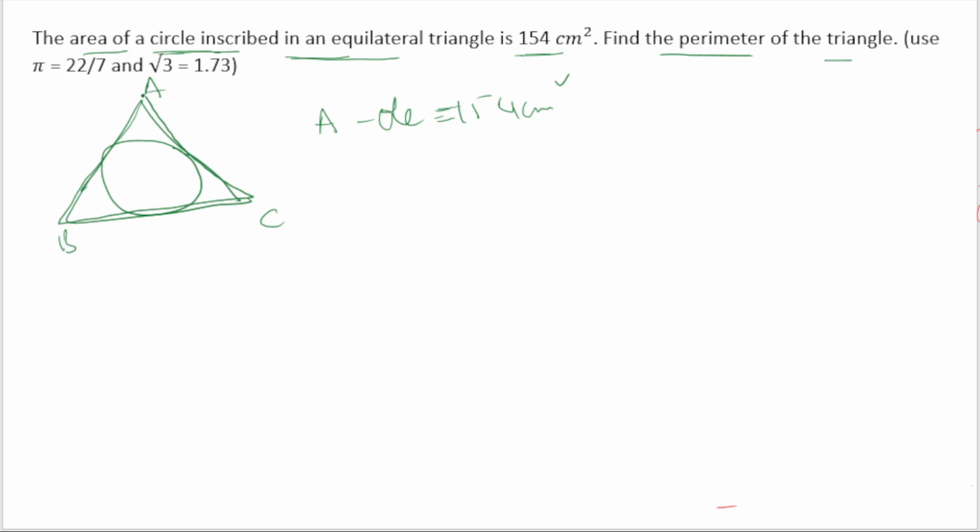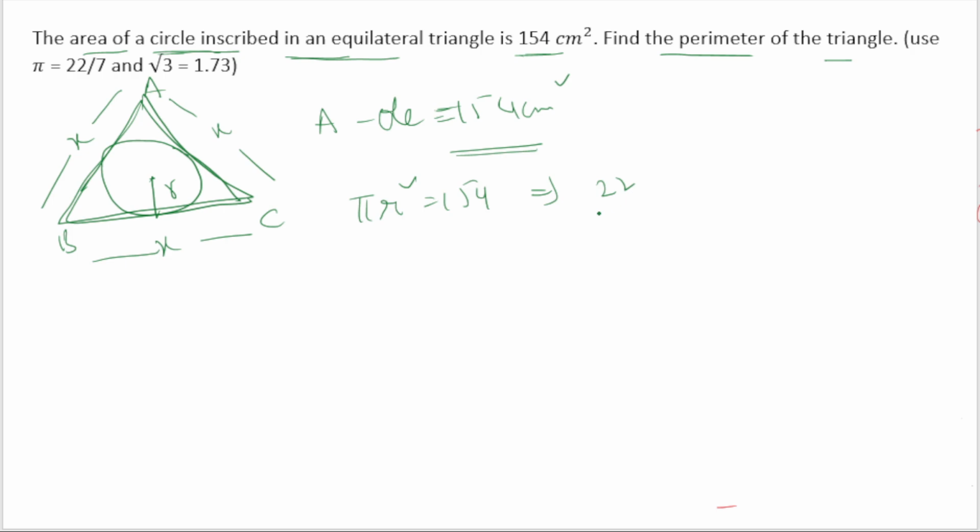In an equilateral triangle, all sides have equal length and all angles are equal. So we will assume all the sides are of x centimeters, and the circle has radius r. The area of the circle is 154 centimeter square. What is the area of a circle? It is pi r square is equal to 154.